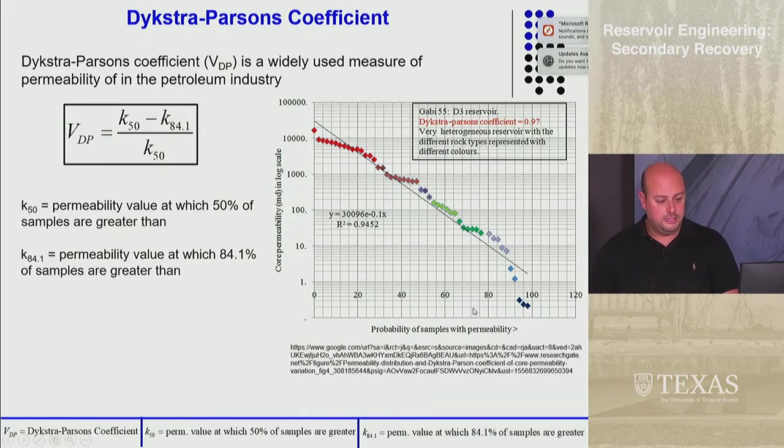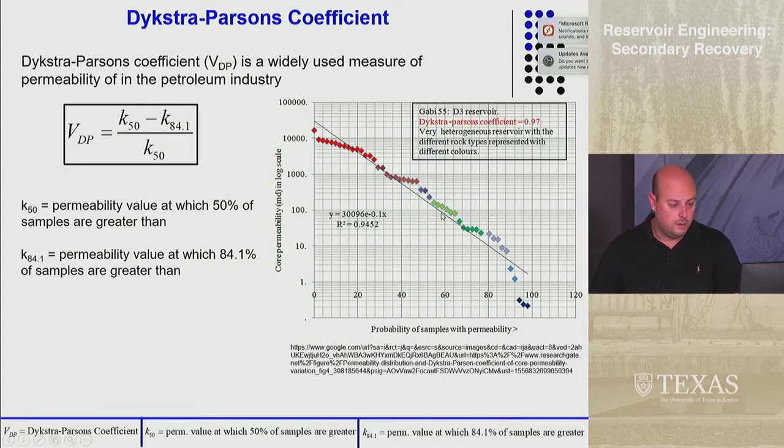And then on the x-axis, this is the probability of samples that are greater than that permeability. So what this says right over here is that about 100% of the samples have a permeability greater than 1 millidarcy. Over here, 0% of the samples have a permeability greater than, say, 15,000 millidarcies.